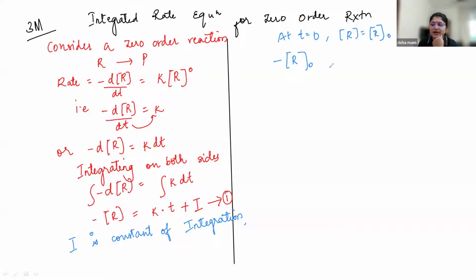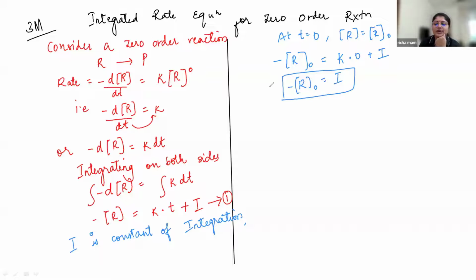Minus R naught is equal to K into t, where t is 0, plus I. K into 0 will be 0, so minus R naught is equal to I. This is the value of your integration constant.